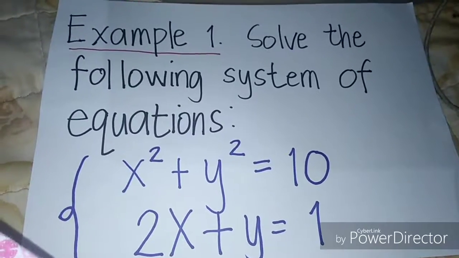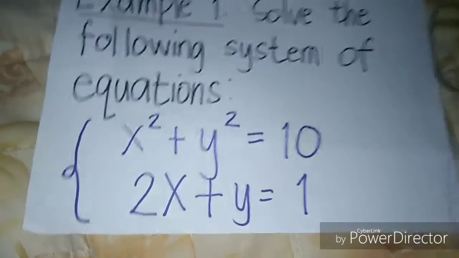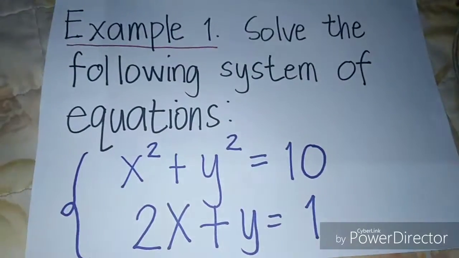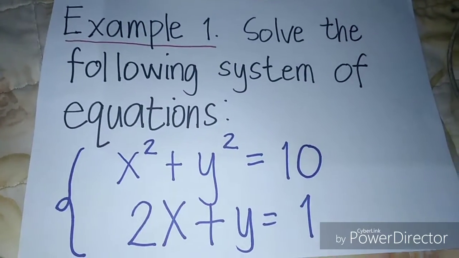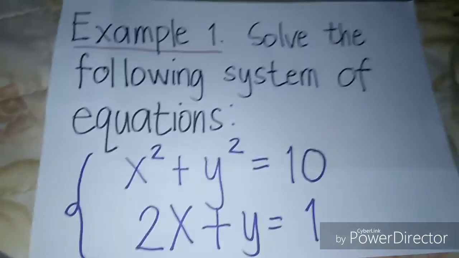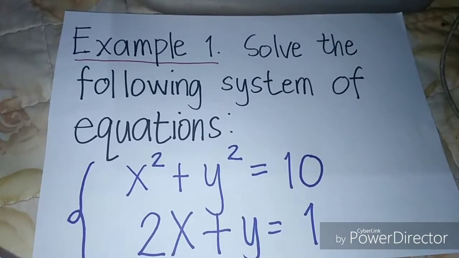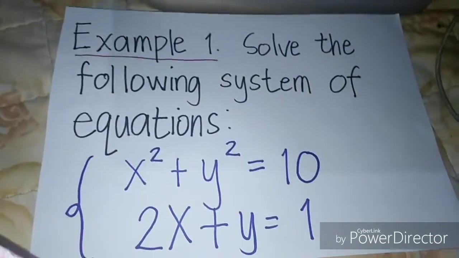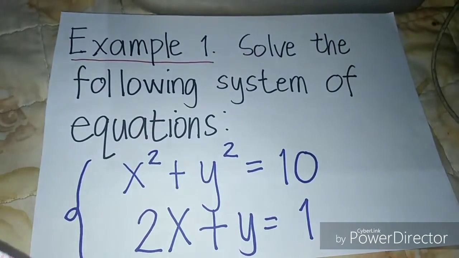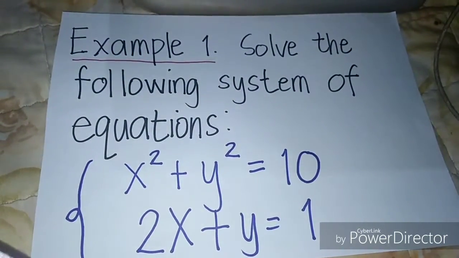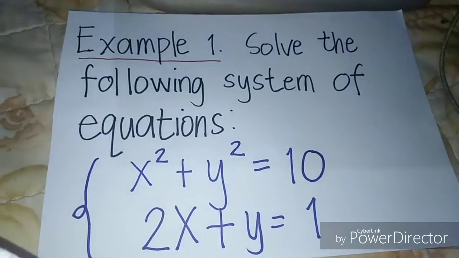Okay, let's have example number 1. Solve the following system of equations: x squared plus y squared is equal to 10, and 2x plus y is equal to 1. In linear systems, we had a choice of using either method on any given system. Look at the first equation.